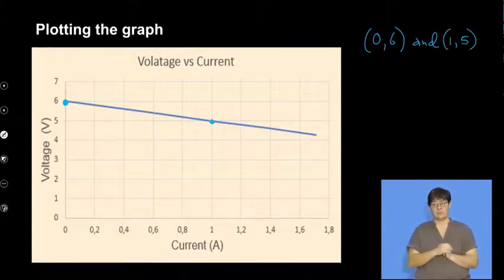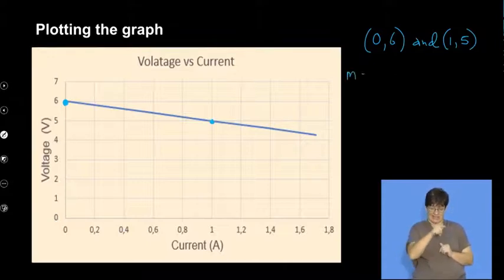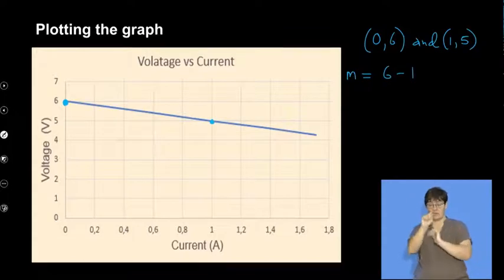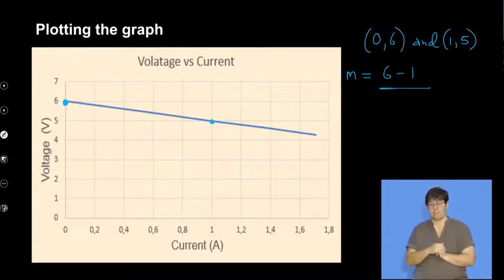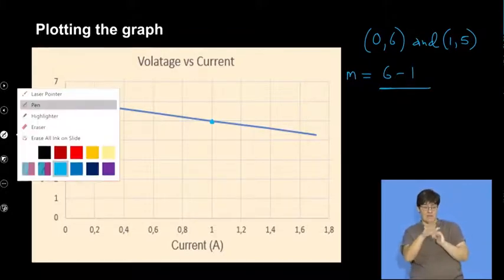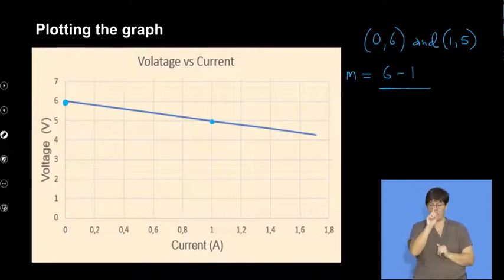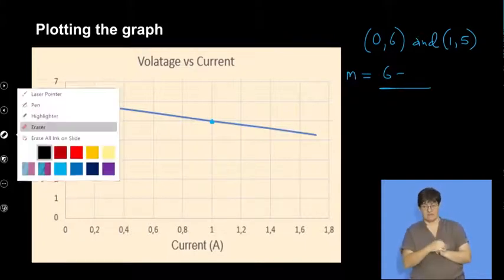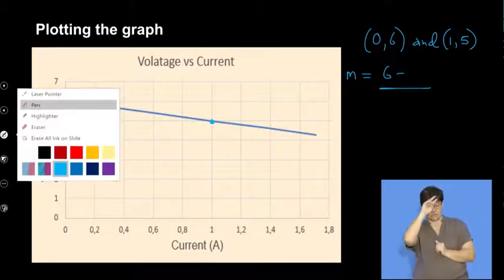And then we'll also use the other point, which is (1, 5). So the gradient is equal to the change in y, which is 6 minus 5, over the change in x, which is 0 minus 1. Let's correct that, because interpretation is very, very important.